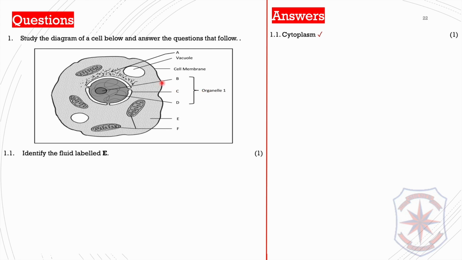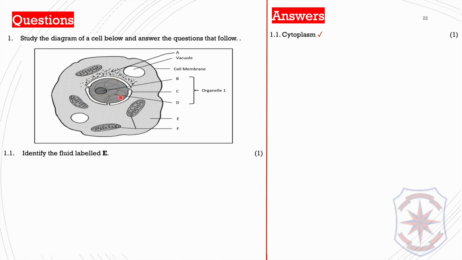All right, let's look. Now, organelle 1 is this structure that you see over there. Okay, now what is that? This to me looks like a nucleus. Why? There's the nuclear membrane, and the nuclear membrane has nucleopores.